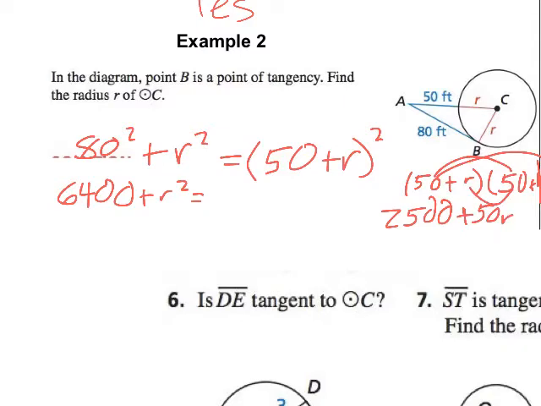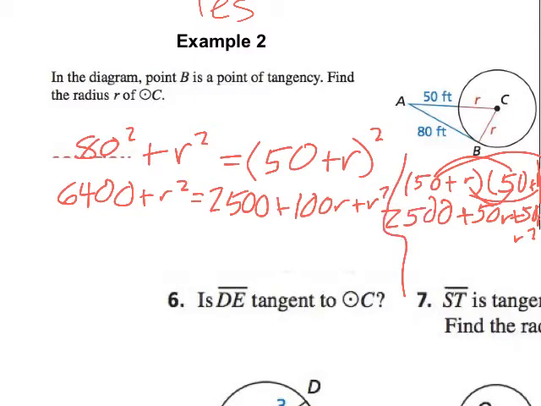Plus r times 50, so that's 50r. Plus r times r, so that's r squared. No, I messed that up, sorry. I have 2,500 plus 100r, plus r squared. Okay?